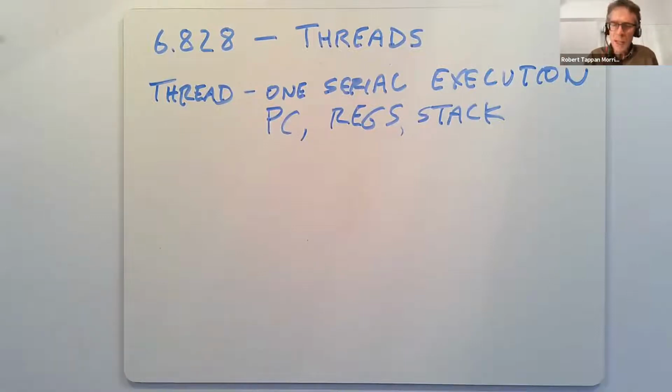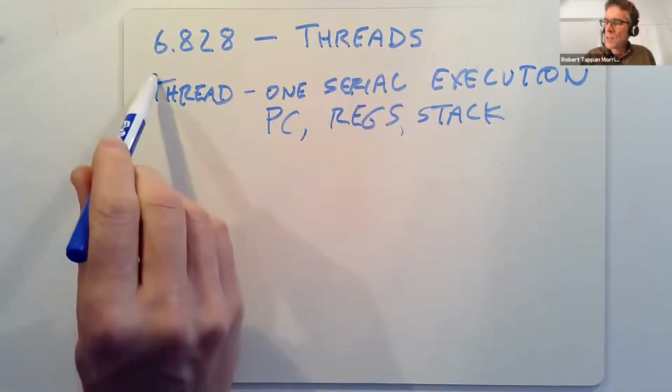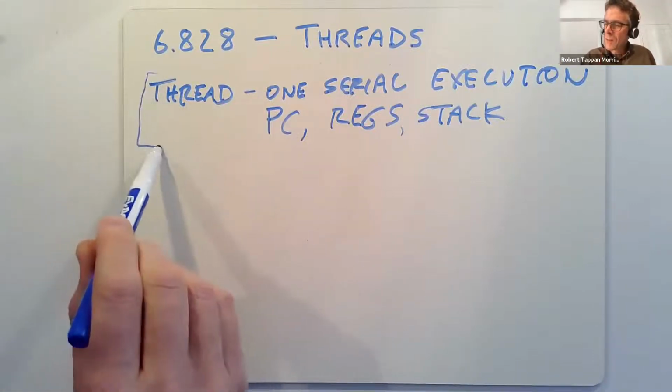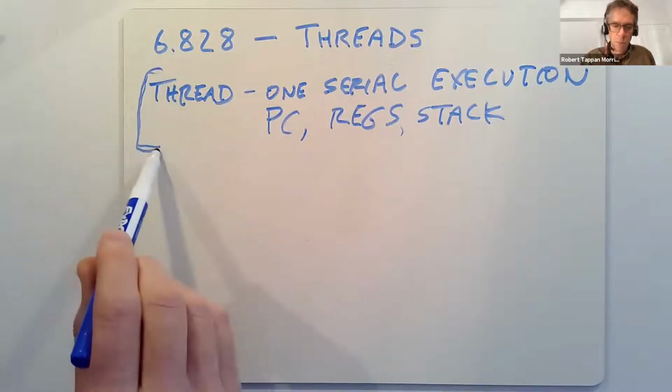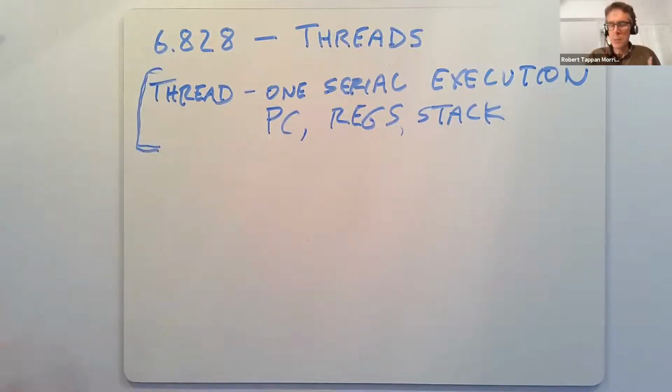And XV6 includes a threading system inside it. What a threading system does is automate the interleaving of multiple threads. We'd like to be able to fire up 2 or 4 or 100 or 1,000 threads and have the threading system figure out how to juggle all those threads and cause them all to make progress and all to execute.